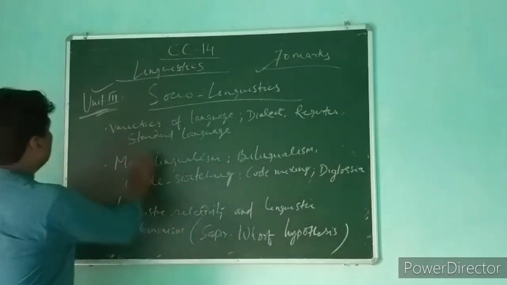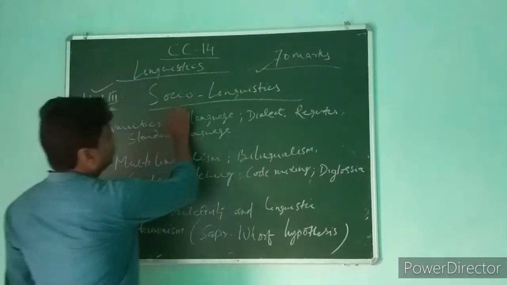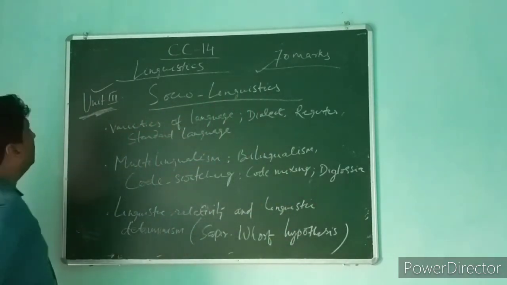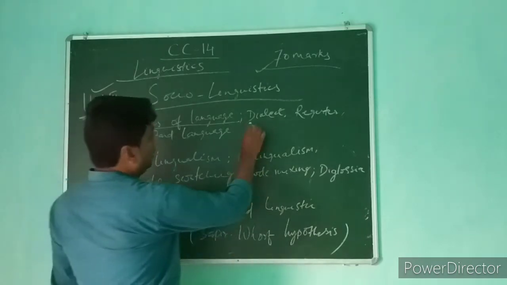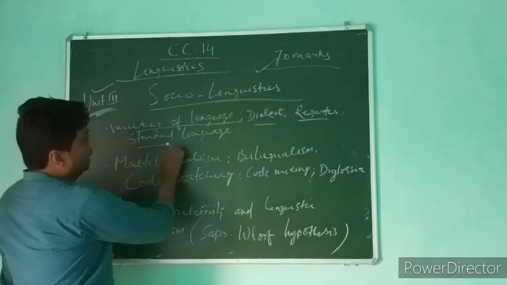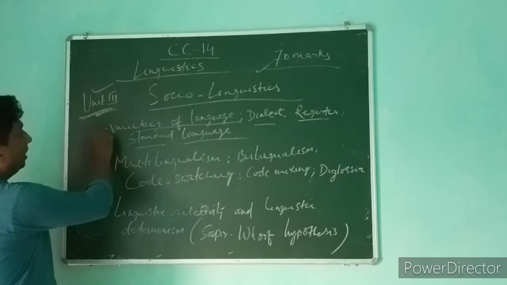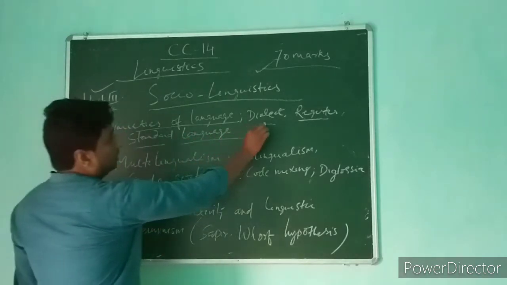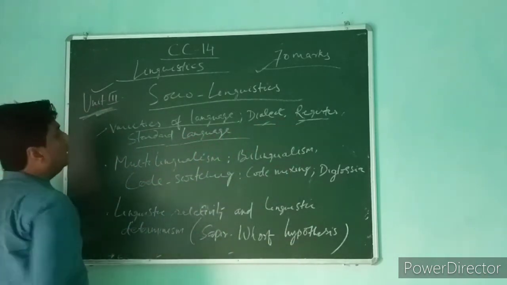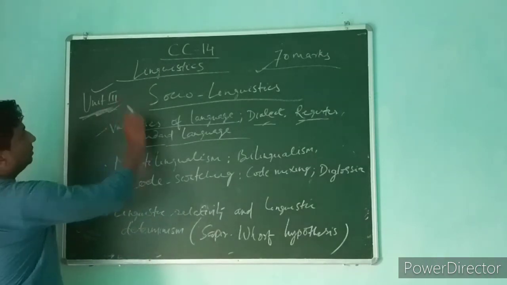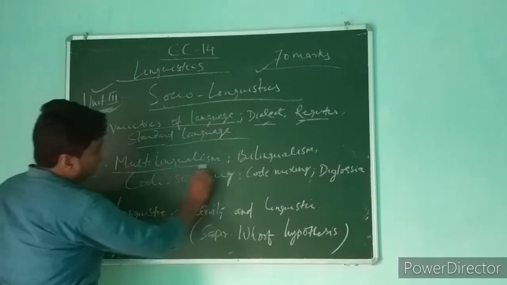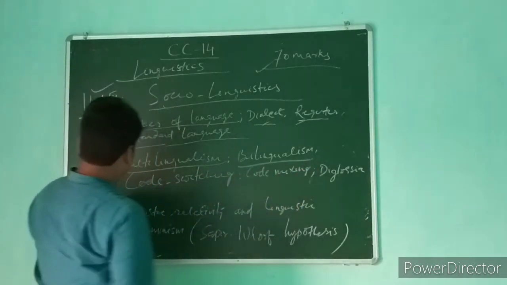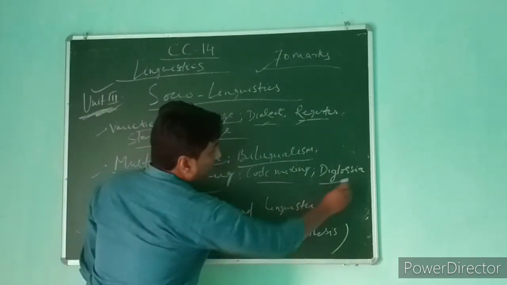Okay, the next thing that we have to study is unit 3, which is socio-linguistics, and within this unit the key concepts that we have to study are variety of language, dialect, register, standard language. This is our first subtopic, varieties of language, dialect, register, standard language, within unit 3, which is socio-linguistics, right? The second subtopic is multilingualism, bilingualism, code switching, code mixing, diglossia.